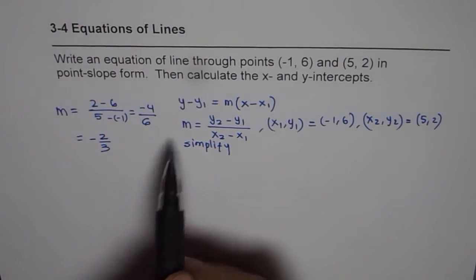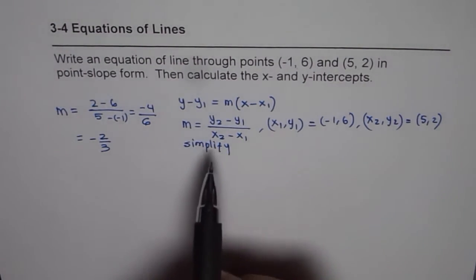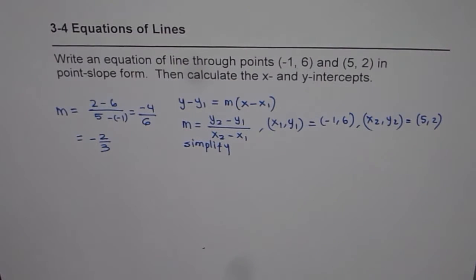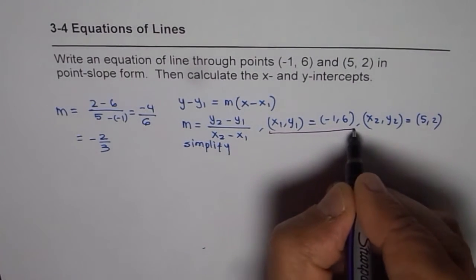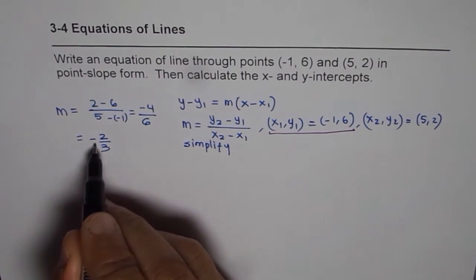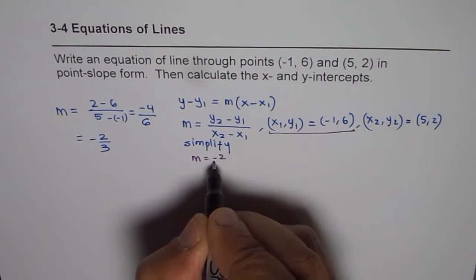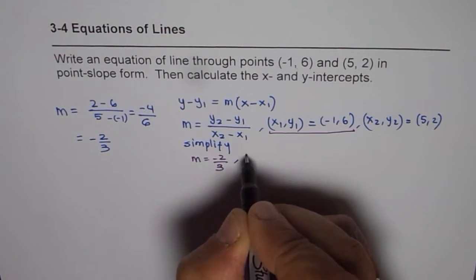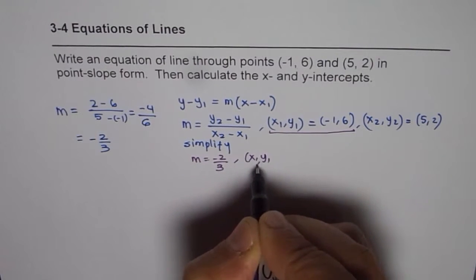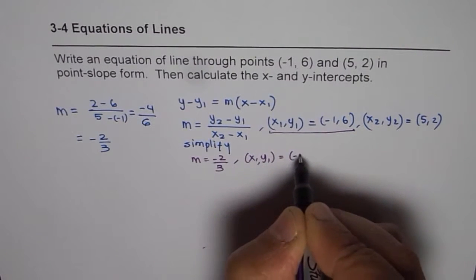Now we know the slope and we can use one of our points. So let us use the point x1, y1 here, right? We found the slope as -2 over 3. So now we have slope of -2/3 and x1, y1 as (-1, 6).